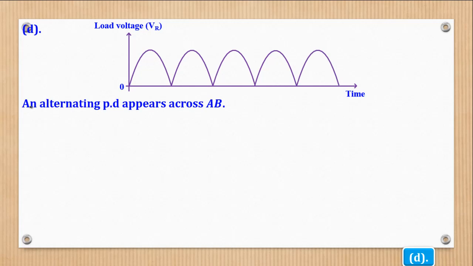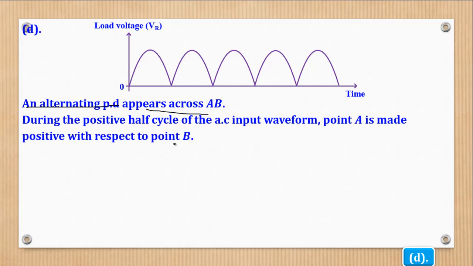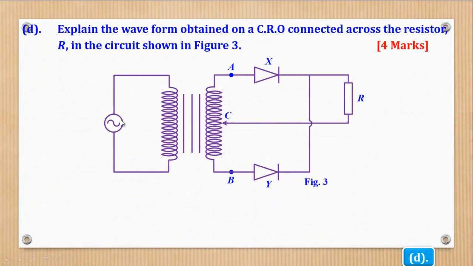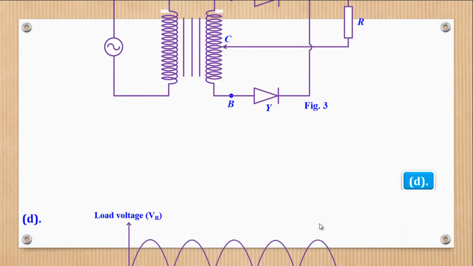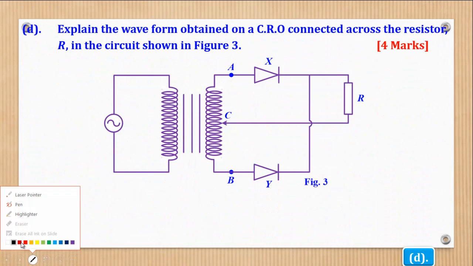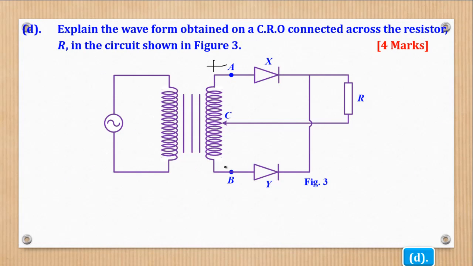But let's explain. So an alternating PD appears across A B. So this is an alternating PD, and this alternating PD will be the one which will appear here across A B. So during the positive half cycle, point A is made positive with respect to point B. So this will be positive and this will be negative.